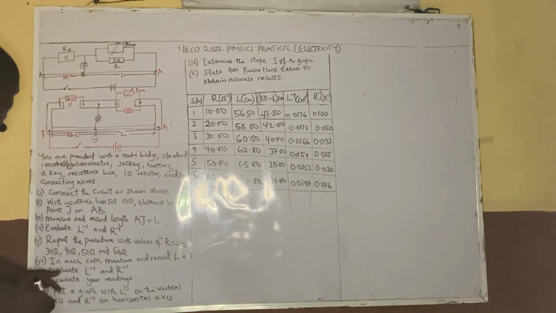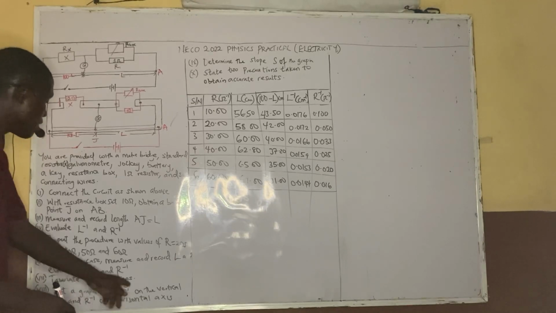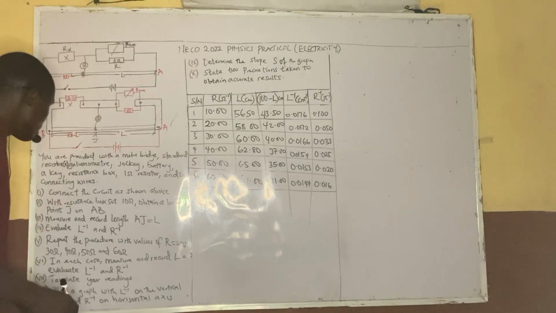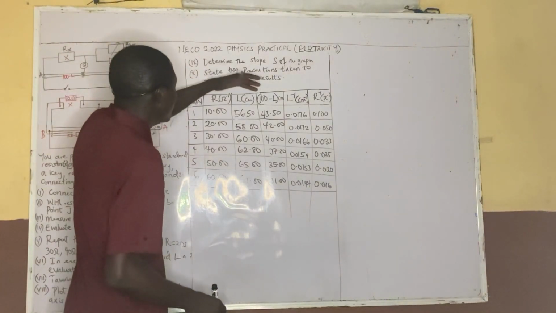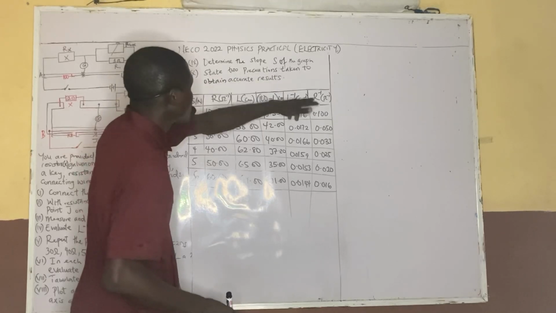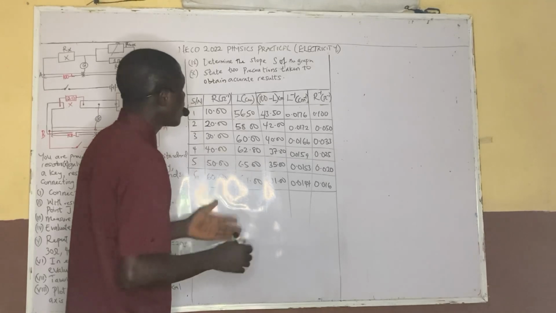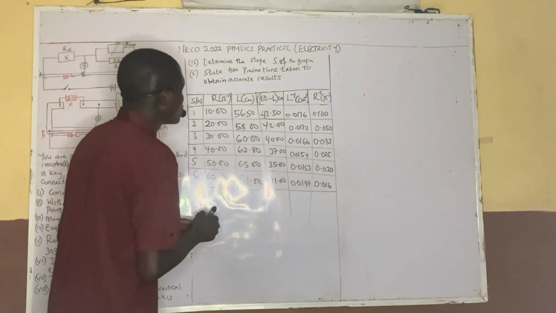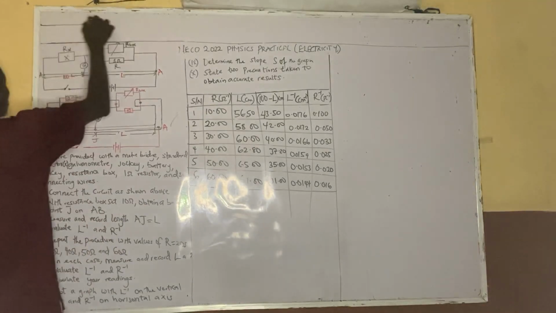Now we are asked to plot a graph with L inverse on the vertical axis and R inverse on the horizontal axis. We have to plot a graph of L inverse against R inverse. To do this, the first thing is to write out the values that you want to plot.